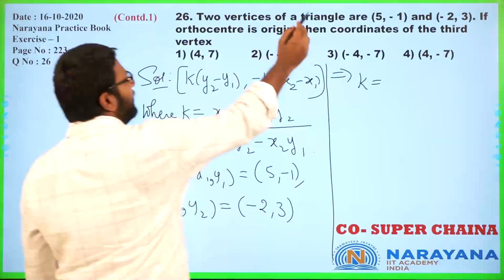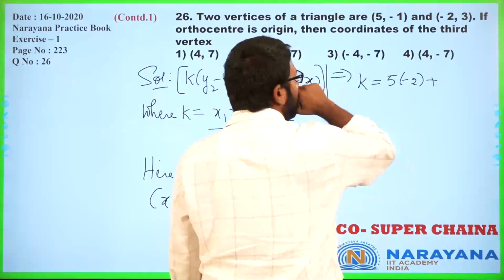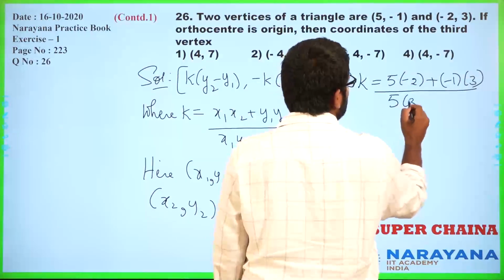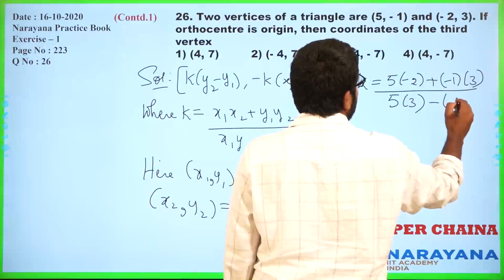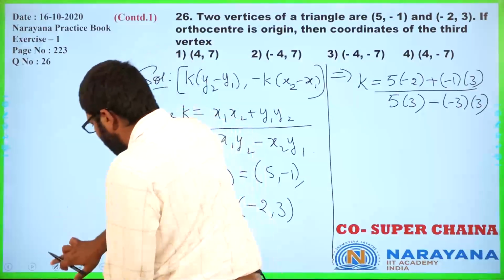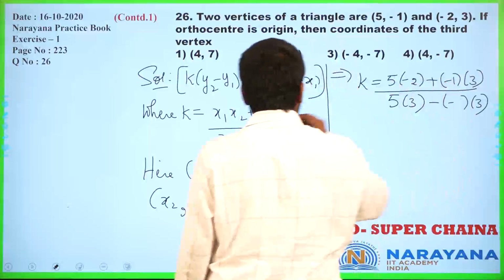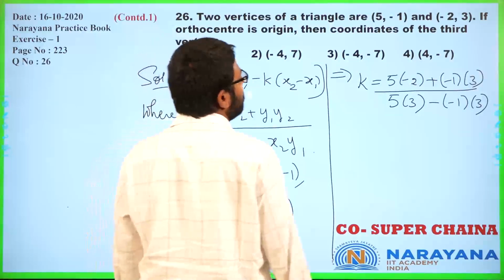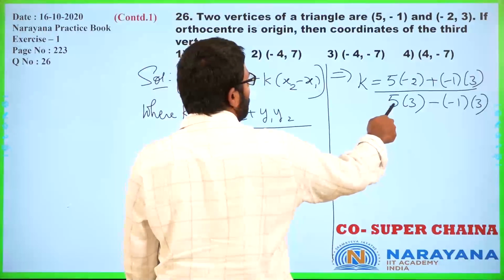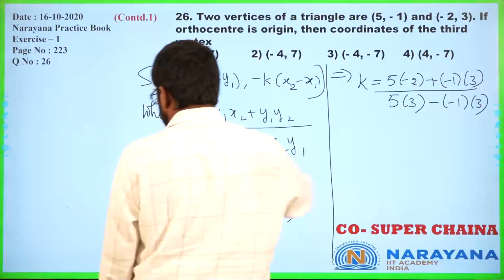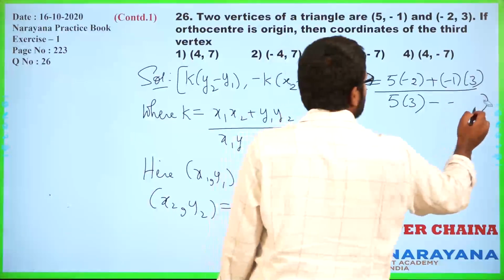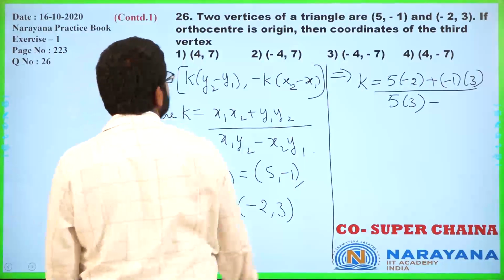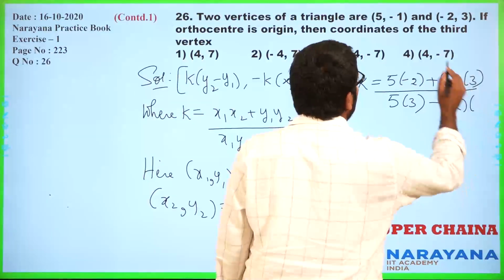K is equal to x1 x2 plus y1 y2, so 5 into minus 2 plus minus 1 into 3, divided by x1 y2 minus x2 y1, so 5 into 3 minus minus 2 into minus 1.